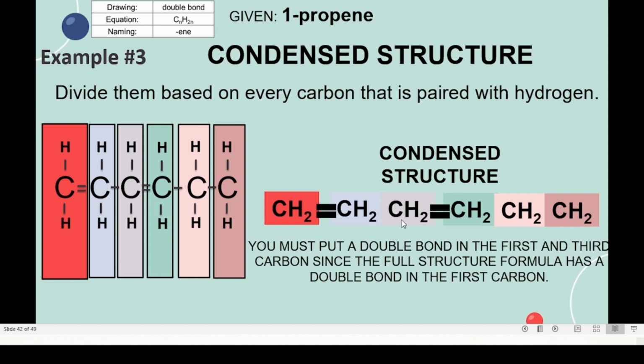So CH2 again, and after the third carbon there is a double bond, so we must put a double bond. And then another is CH2, CH2, CH2. Therefore, the condensed structure of 1,3-hexadiene is CH2 double bond CH2, CH2 double bond CH2, CH2, CH2.